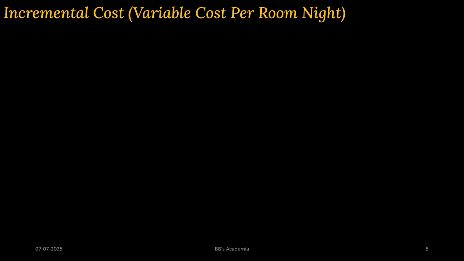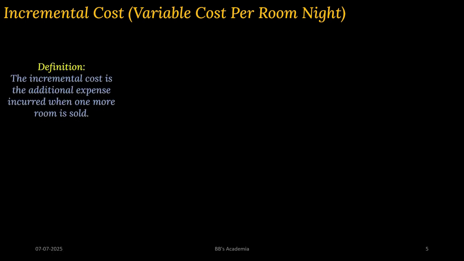Now, before we go into details further, we should have a very clear concept about the cost. First one, we are getting the incremental cost. What is that? Variable cost per room night. Incremental cost is known as the variable cost per room night. Definition wise, the incremental cost is the additional expense incurred when one more room is sold.